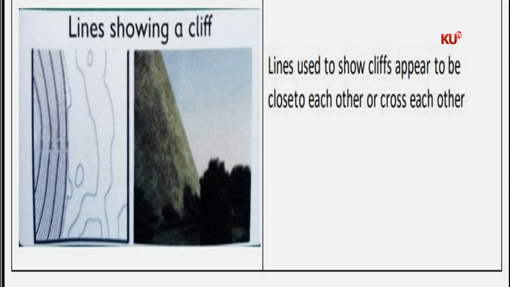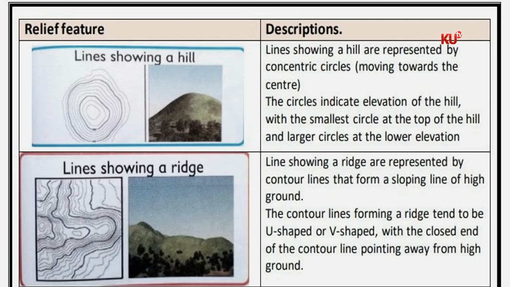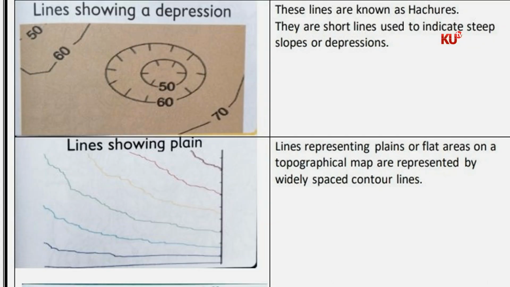And I know you are able to differentiate between the lines of a plain, the lines of a cliff, the lines of a depression, the lines of a ridge, and the lines of a hill.